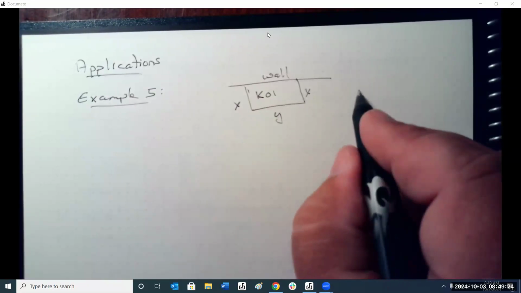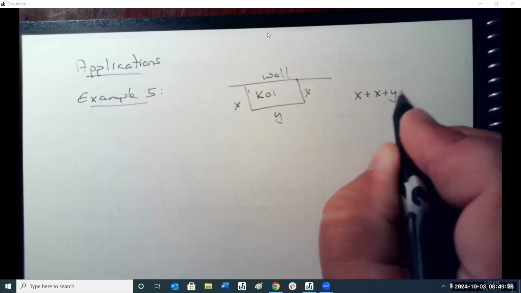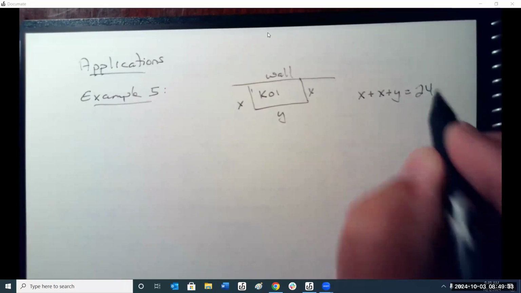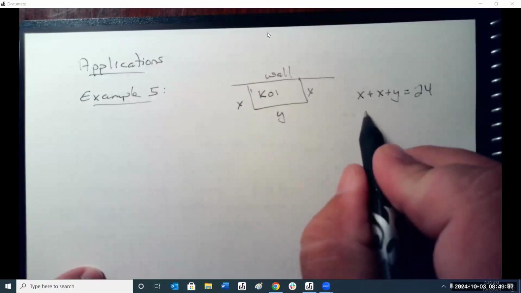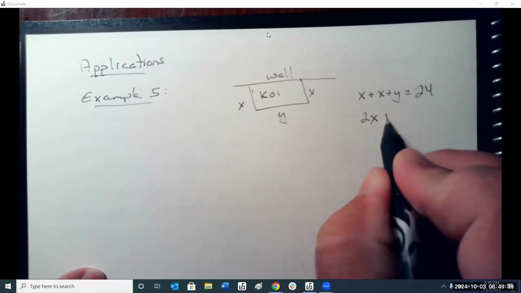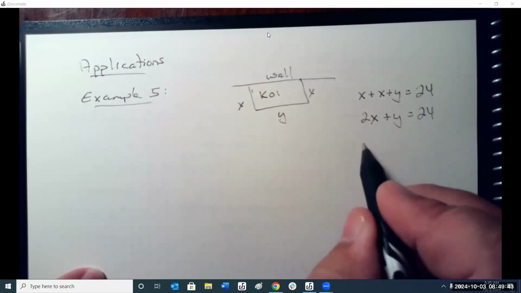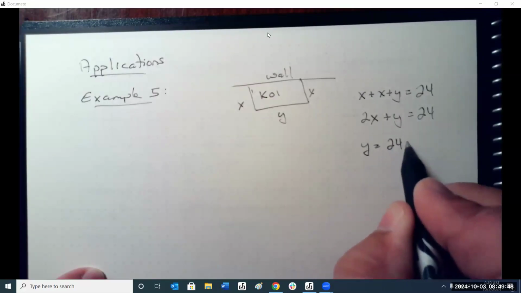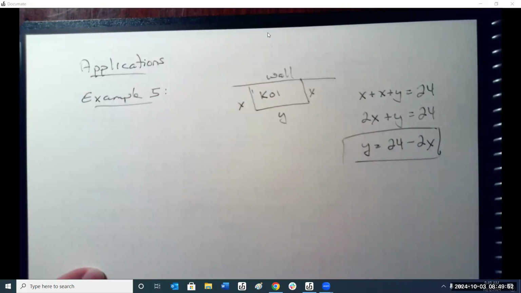So we know that x plus y has to equal how many? 24 feet. So we have 2x plus y equals 24. Let's solve for y. We get 24 minus 2x.